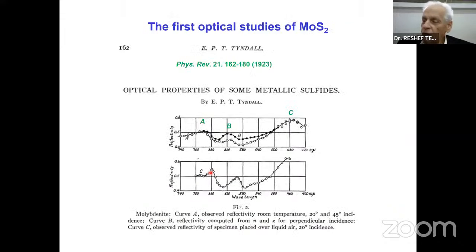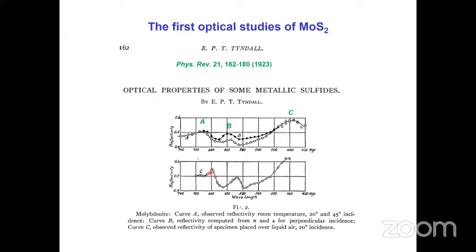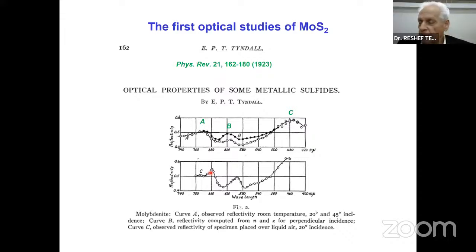There are also a few articles about the optical and electronic properties which I would like to bring to your attention. So here's the paper of Tyndall, who cites an older paper, but this is the first real measurement of the absorption spectrum of molybdenum disulfide with the A, B, and C excitons, also published in 1923.